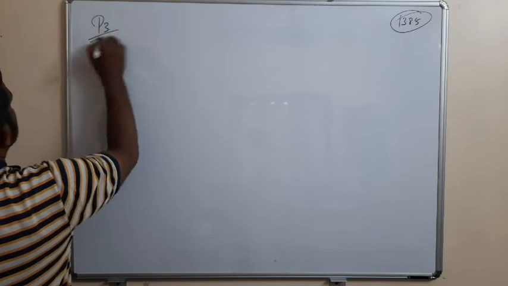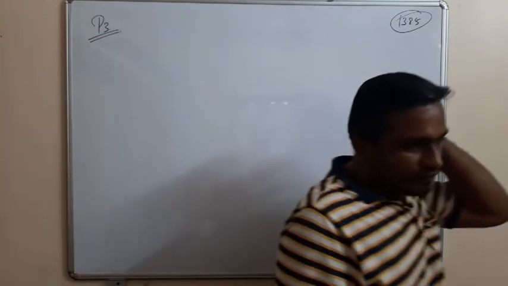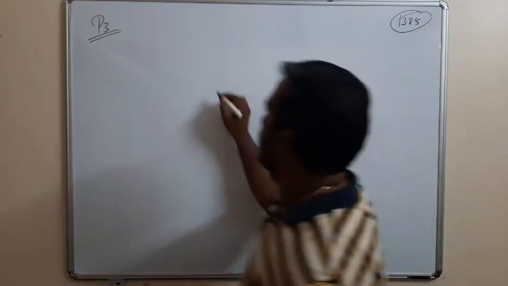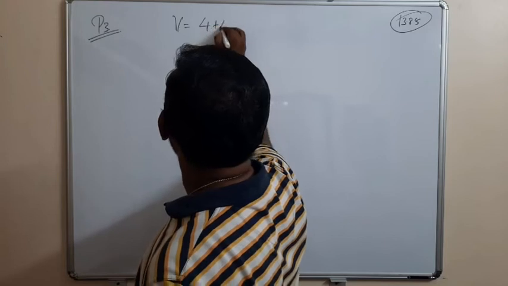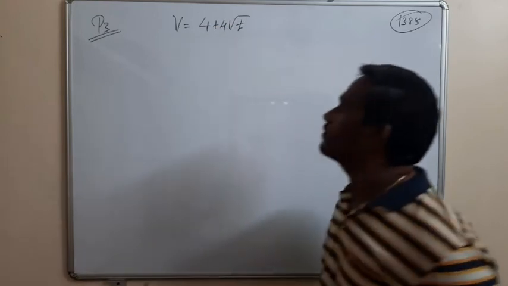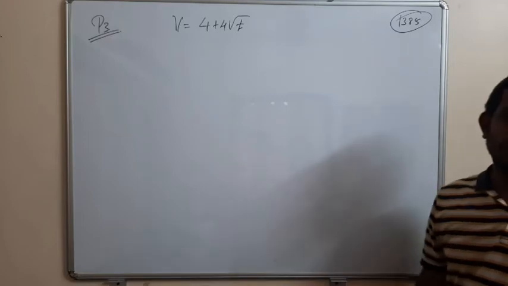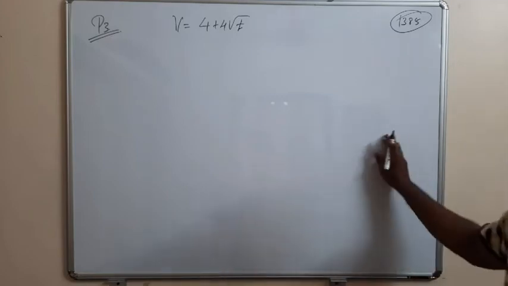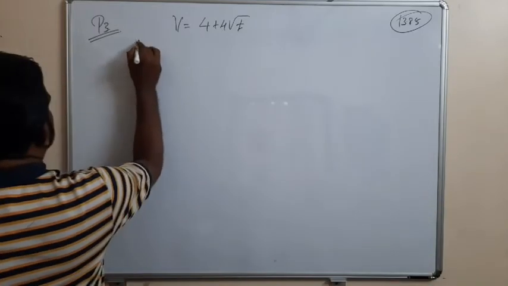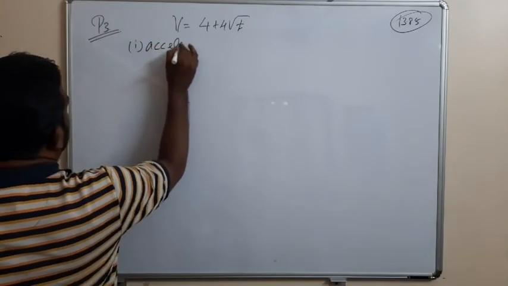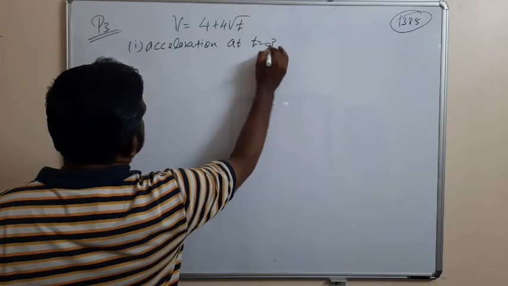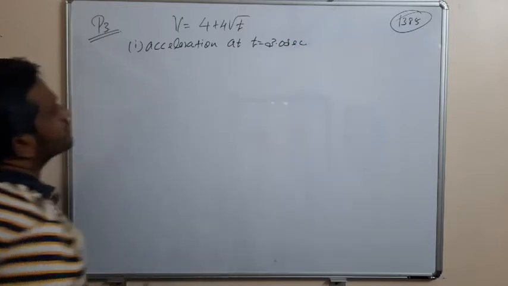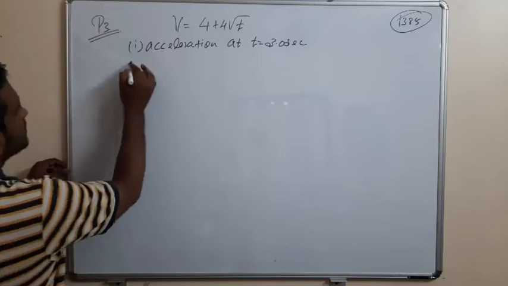The third problem. The instantaneous velocity of an object moving in a straight line is given by v = 4 + 4√t. First, we have to find the acceleration at t = 3 seconds.